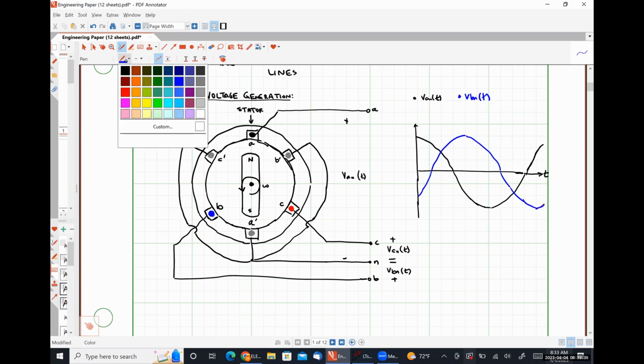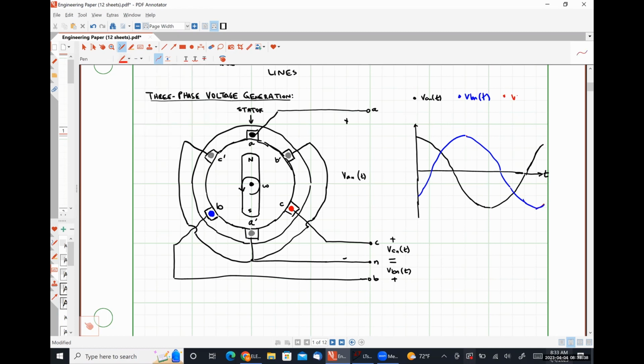And then finally, our C phase is going to be the same thing, but it's going to be a further 120 degrees out of phase. So it's going to hit its peak there. Something like this. So we have these three voltages going, and they are all 120 degrees out of phase.